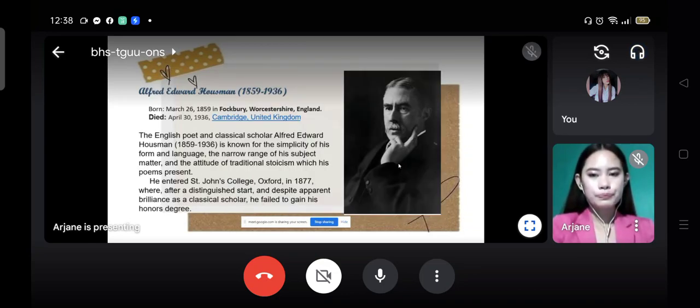our poet for today, Alfred Edward Housman. He was born on March 26, 1859 in Fockbury, Worcestershire, England. Housman was an English poet and a classical scholar.